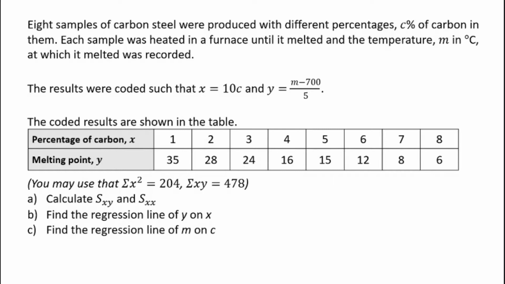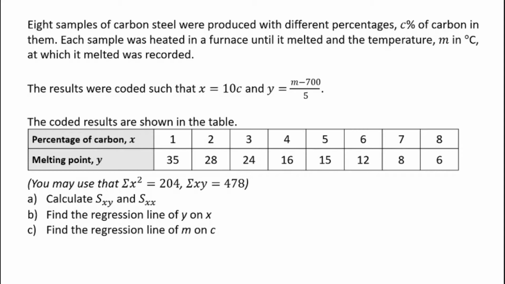What can we do from here? We've been told that this table has the coded results. The table is in terms of x and y, whereas the original data, as given in the preamble, in the text-based context, is in M and C. So the summary statistics and the data in front of us is not the original data, it's coded data.